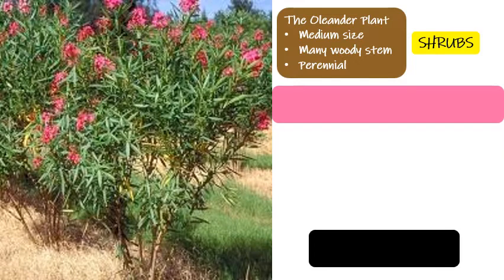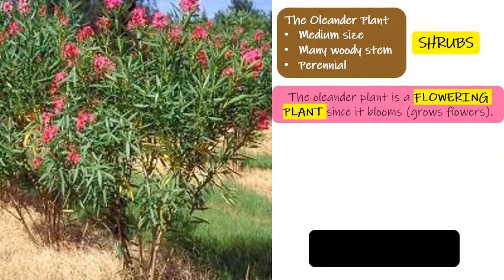But it is also classified as a flowering plant. If you look at the picture, you will see flowers. This plant makes flowers. This plant blooms. So plants that bloom are plants that grow flowers.